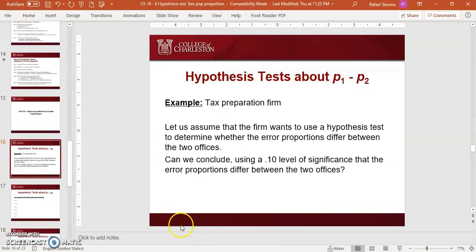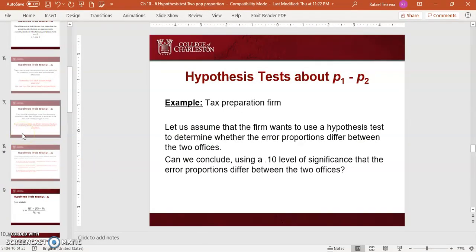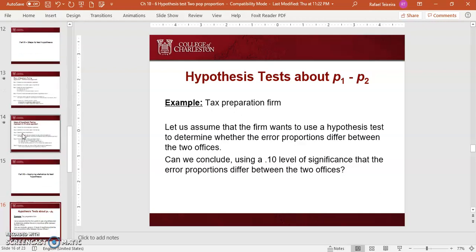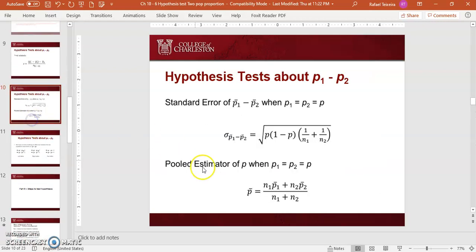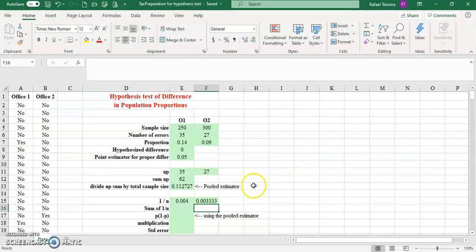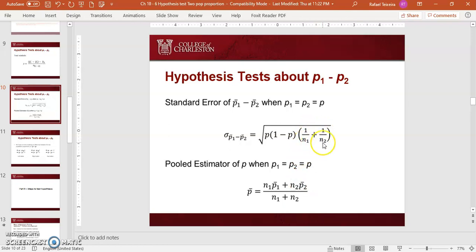Just to clarify to you what we are doing, we are going over this formula. The pooled estimator I just did. Now I'm doing the standard error. You see 1 divided by n, 1 divided by n for each one of the samples.